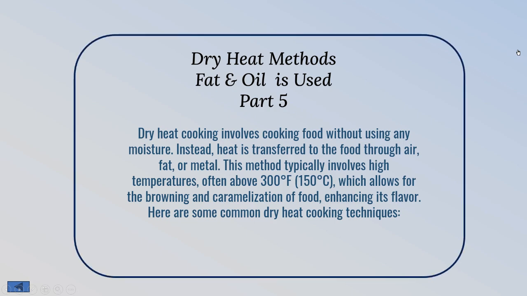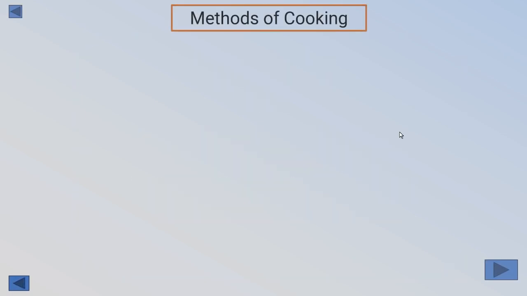Already we have discussed the dry heat methods, and under dry heat methods we have different sub methods. Let us go back to the original classification of methods of cooking first, and then it will be easy for us to reconnect. So this is methods of cooking.